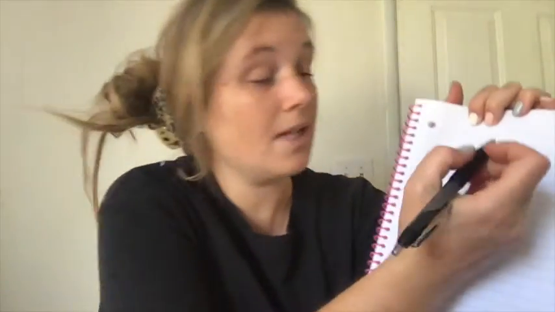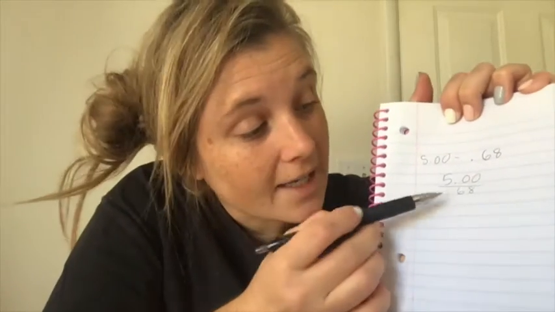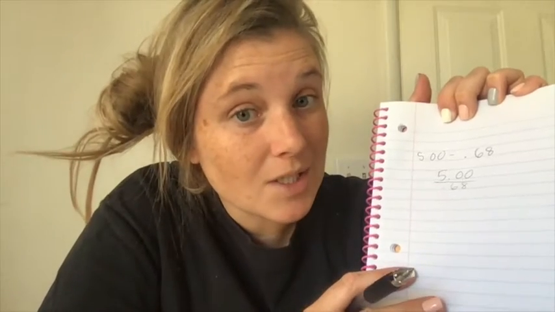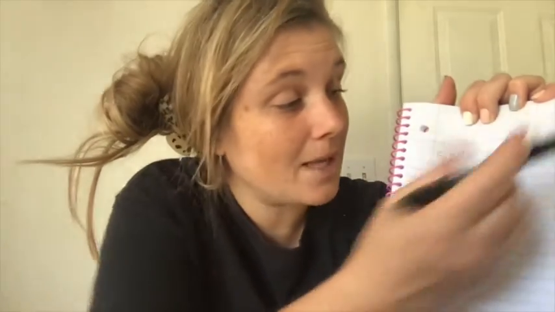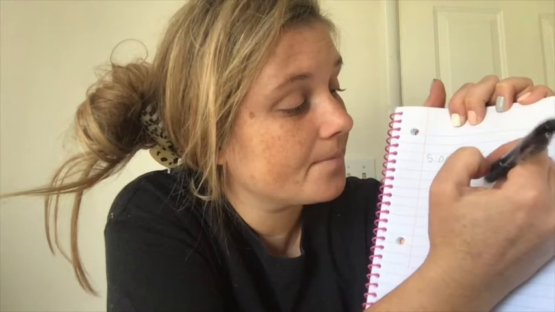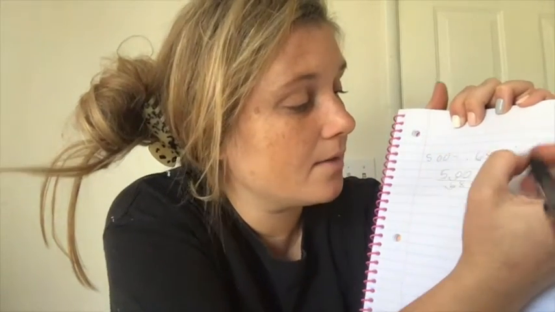How many peaches can she buy? So, let's rewrite this. Okay, we're dividing by a decimal. What do we need to do? Multiply by 10. Move the decimal place over.